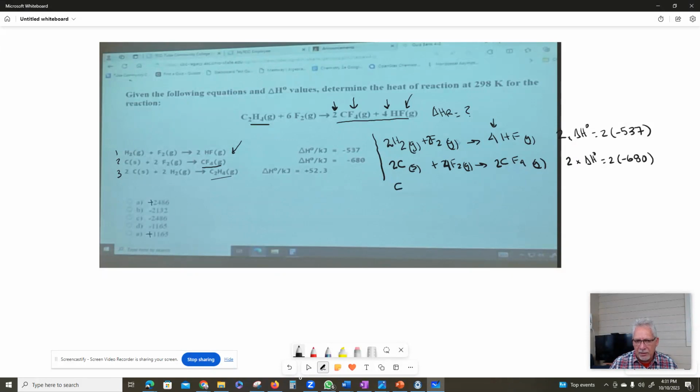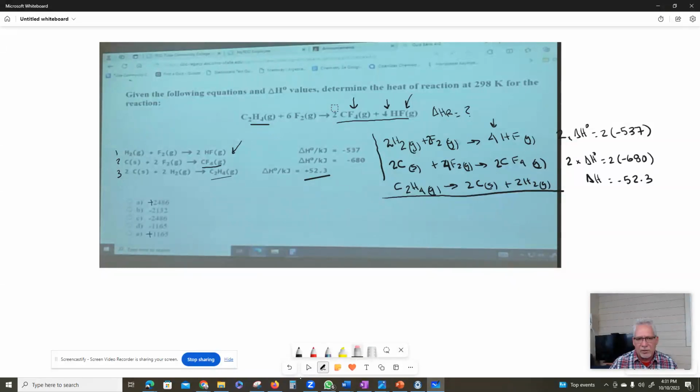So flipping that, C2H4 gas producing 2 carbon solid and 2 hydrogen gas. And notice the following: because this sign here was positive, the enthalpy of the reaction now will be negative 52.3.